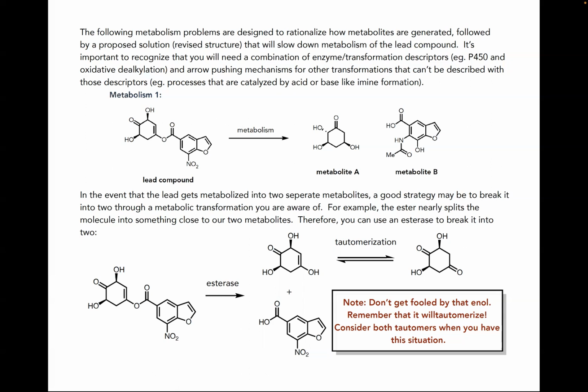And so what's going to happen is that your metabolism questions are going to get a little more complicated, such that you're going to be faced with what's under metabolism one here.